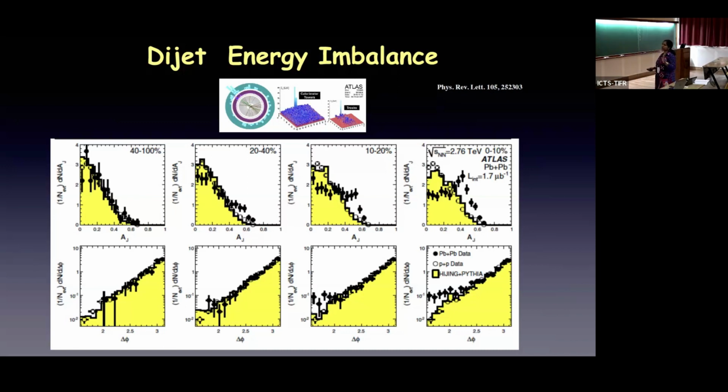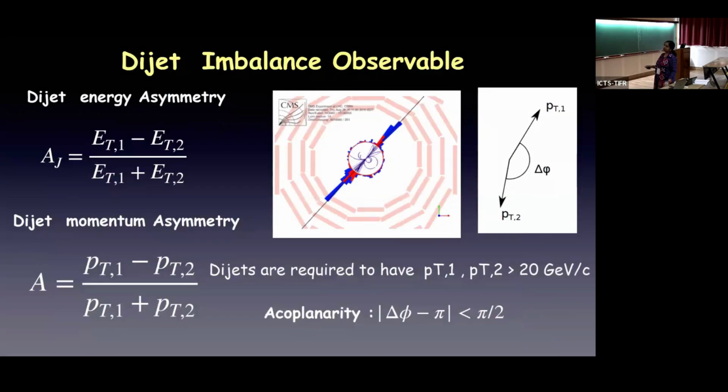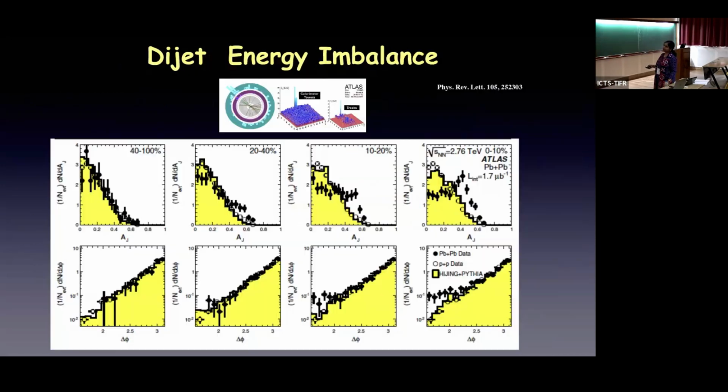Now, if the symmetry is there, like what you saw in PP collisions and peripheral lead-lead collisions, your dijet asymmetry should be near 0, correct? If these two are comparable, the numerator will be less or towards 0. So the dijet asymmetry value should be 0.